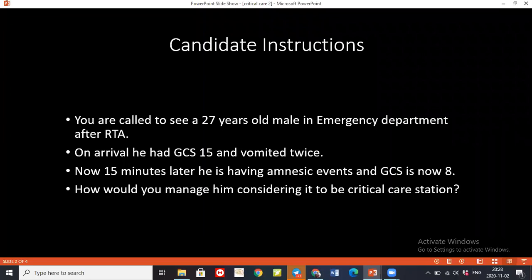Another one we can use is loop diuretics, and we have to ensure that the serum sodium is maintained at a level of 140 to 145 millimole per liter. After that, we have to ensure controlled ventilation, keeping the partial pressure of carbon dioxide within 4 to 4.5 kilopascals.